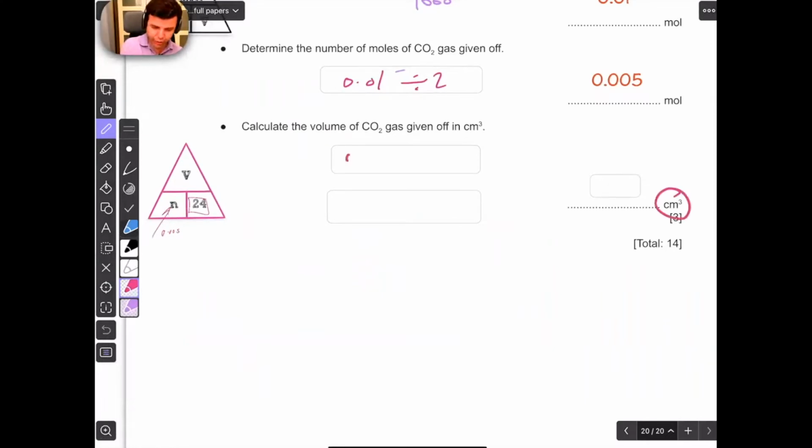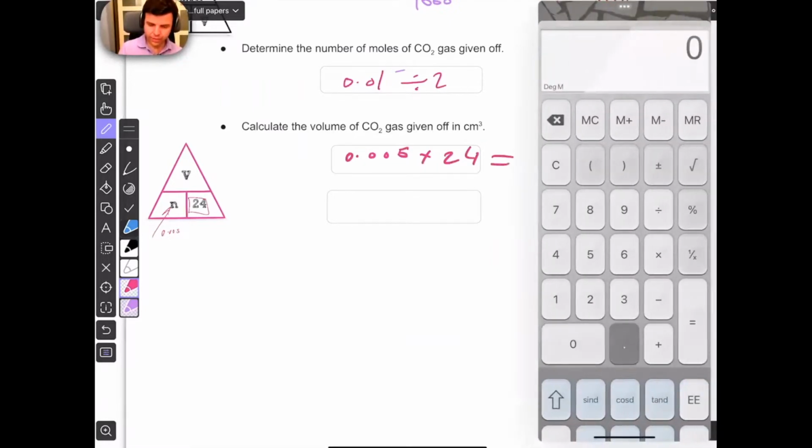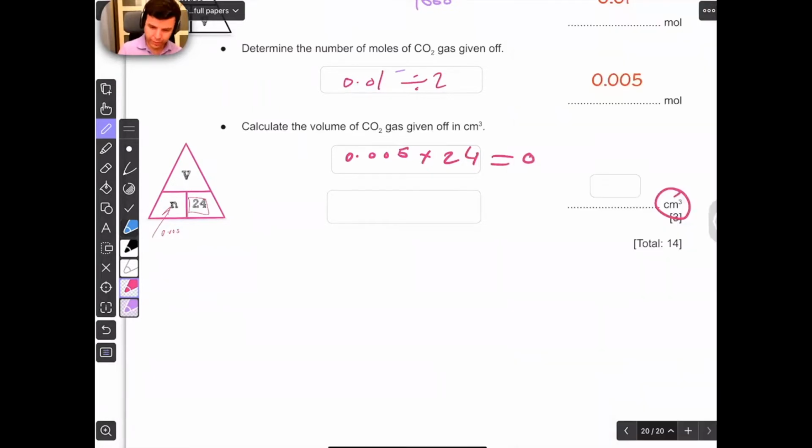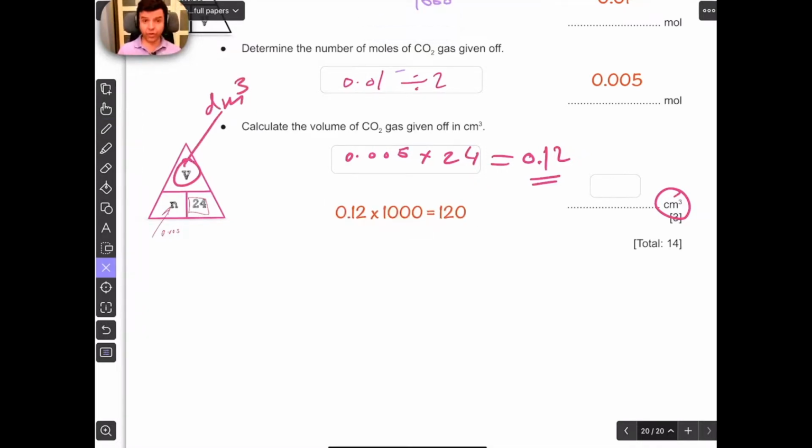So I'm just going to do the first step, 0.005 times 24 is 0.12, okay? The volume you get here, you're going to get it in dm cubed. To convert it to cm cubed, what are you supposed to do? Take it and multiply it by 1,000, right? So times 1,000 gives you 120 cm cubed.